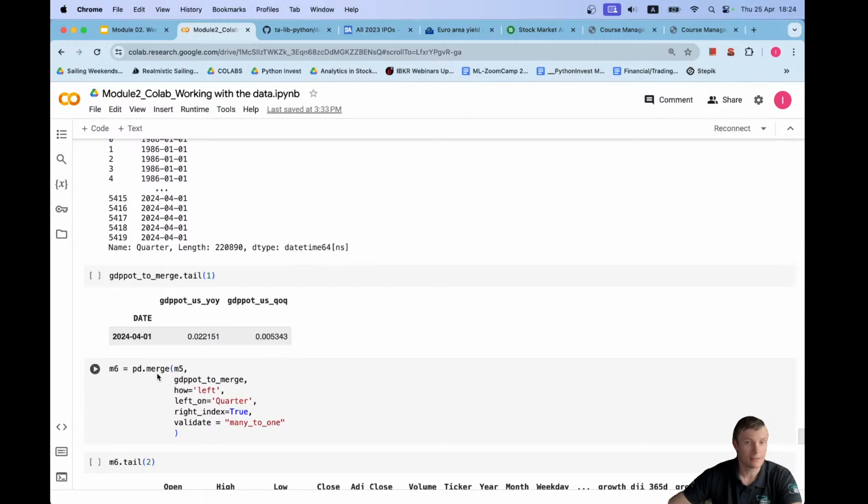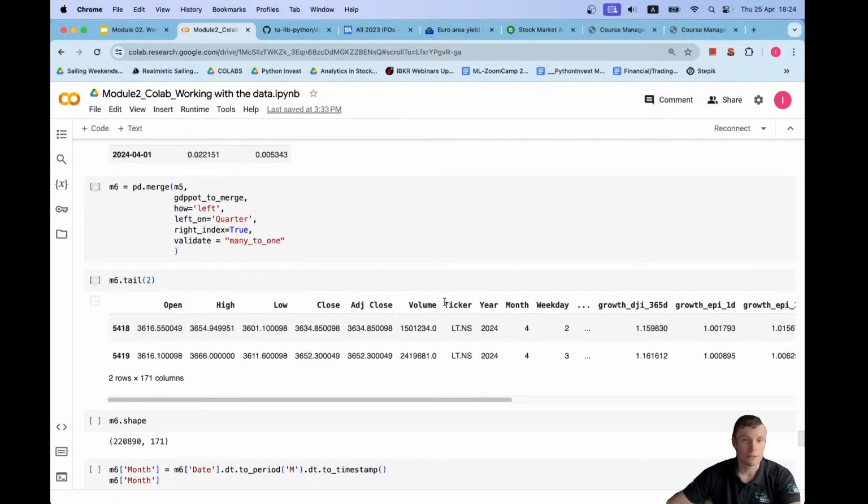This is again not ideal, because this information about growth of GDP potential won't appear immediately after the first day of the next quarter. So I should join it on some later day, only when the stats were announced.